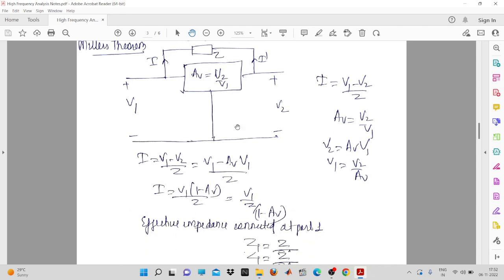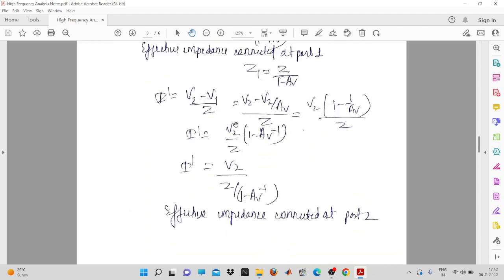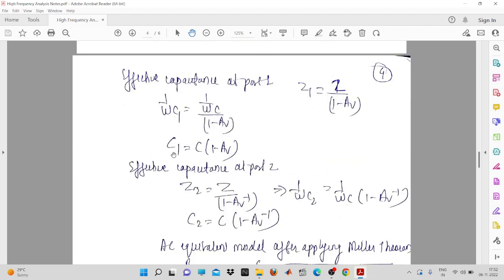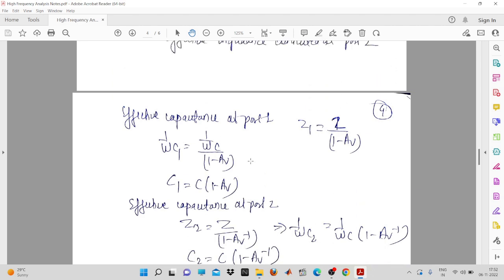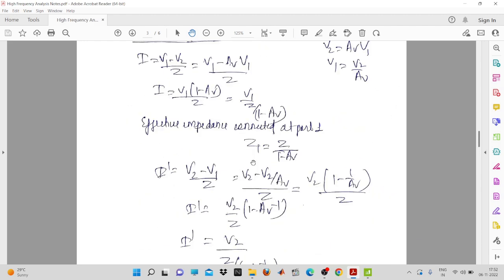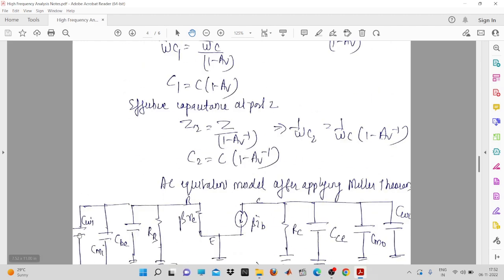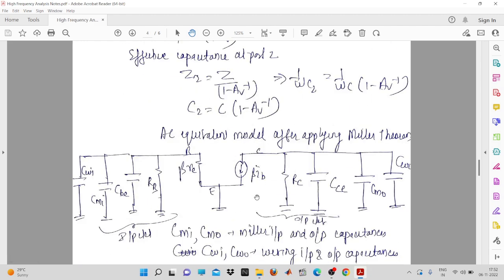So when you have the capacitance, you can see here C1 will be equal to C into 1 minus AV. So this one is the Miller input capacitance. Similarly, you can evaluate the Miller output capacitance. Once you have evaluated the Miller input capacitance and the Miller output capacitance, you can easily have the input side of the circuit and the output side of the circuit.